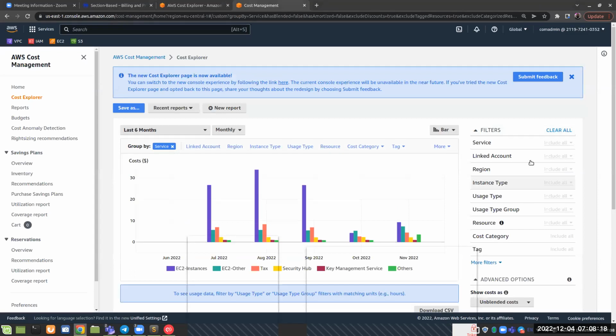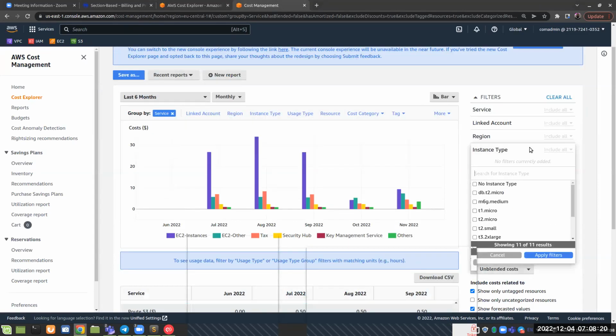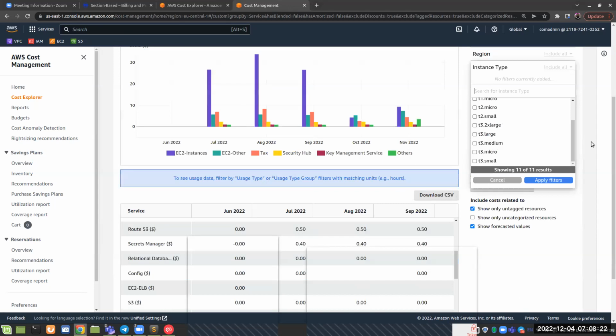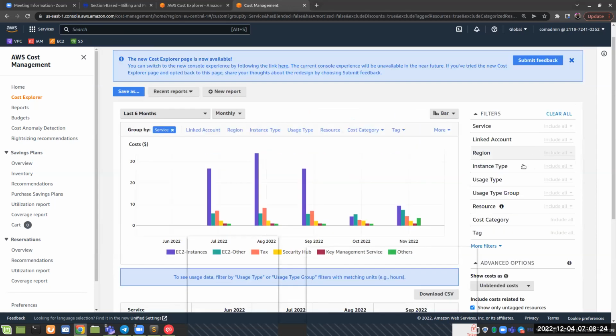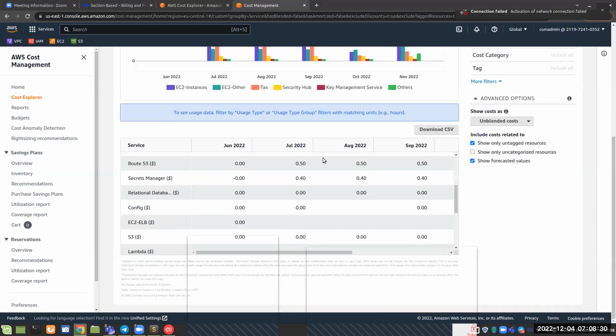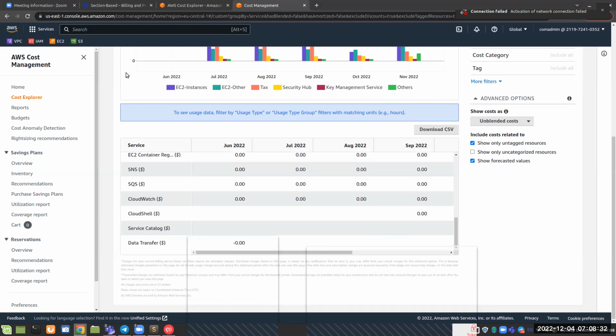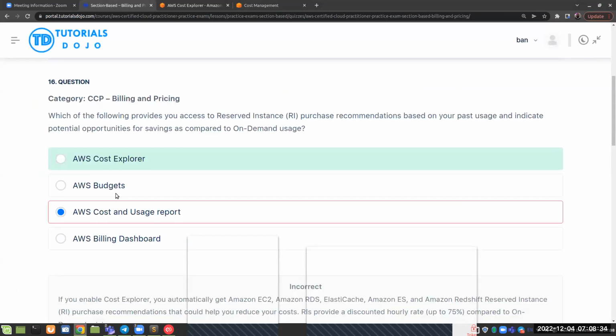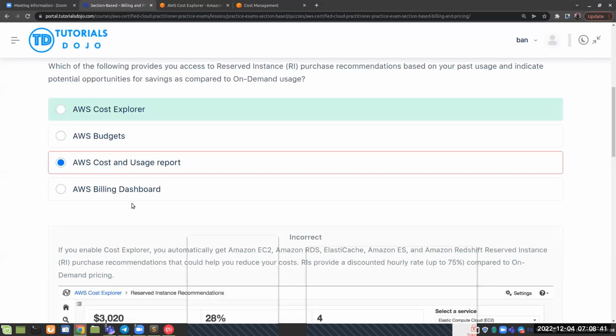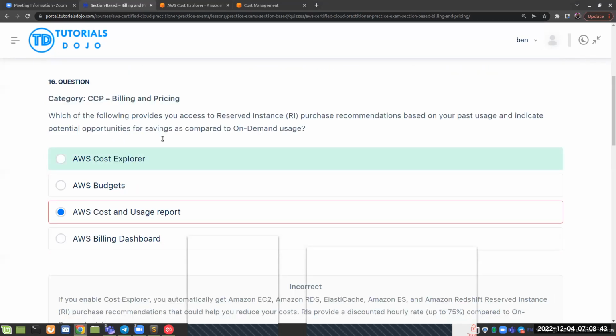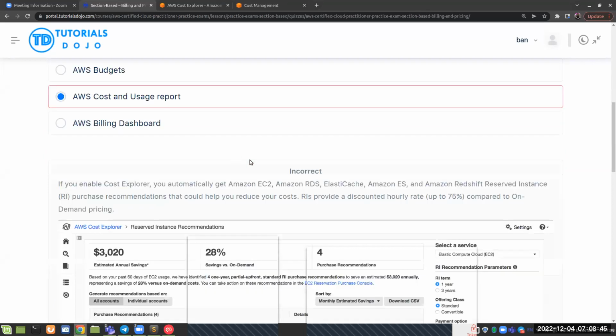If you come to instance type, you have the different instance types here, you can see which ones are consuming, and adjust this to give you that visualization. But always remember that the key thing with the Cost and Usage Report is when you want granular detail, but it doesn't give you that opportunity for savings.